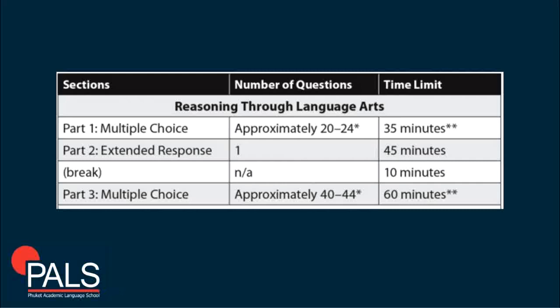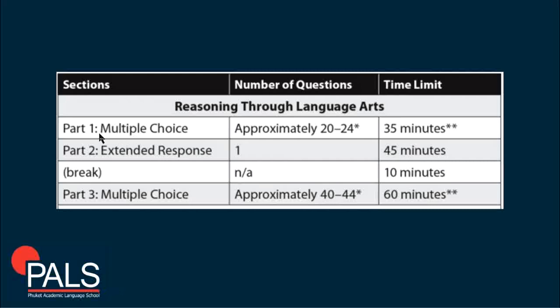Okay. So a while back I mentioned about 60 questions. Well, it really changes from time to time. There's no specific number of questions. So that's why it says here approximately 20 to 24 questions. By the way, here's the sections of your Reasoning Through Language Arts test. So it's divided into 3 sections and a break.